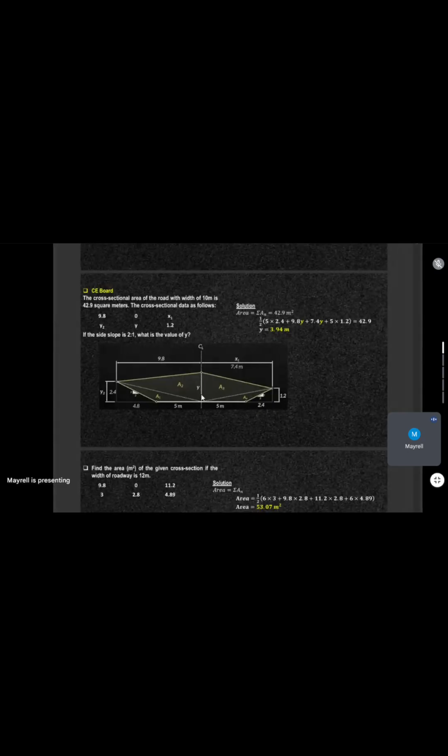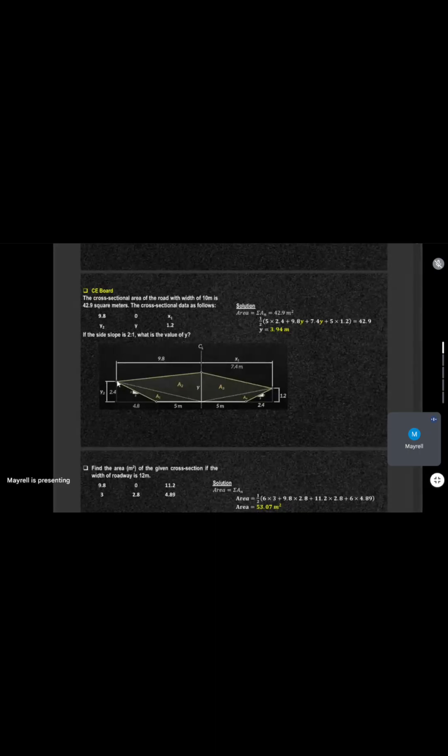So muna siya tong gipangita the value of y. So at this point, so kani nga point. Then on the other side, so you have 9.8 and y2. So from CL, that's 9.8, and then from the road Pasaka, that's y2. Y2 pa ha, wala pa ta kay saan siya, y2.